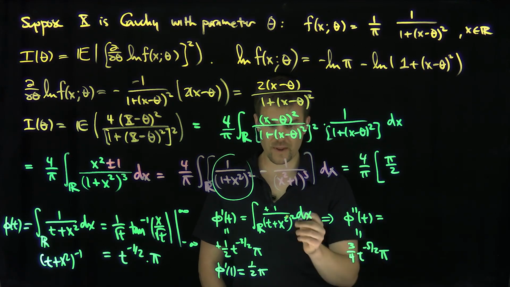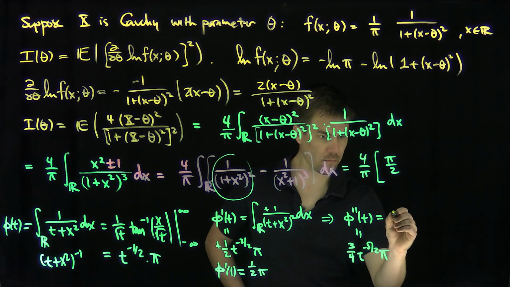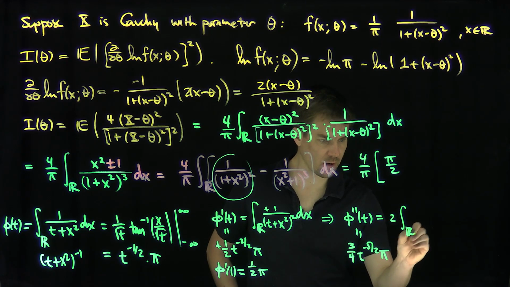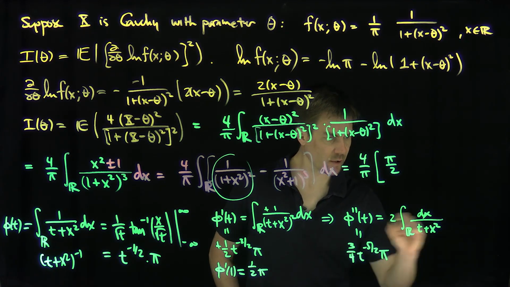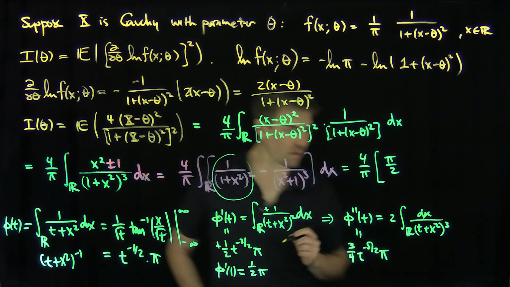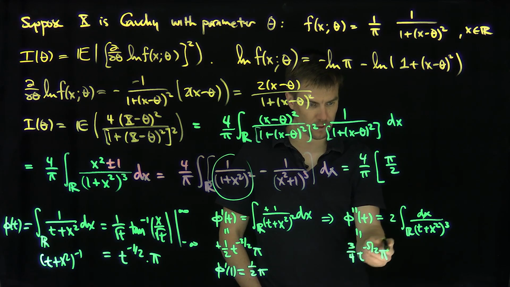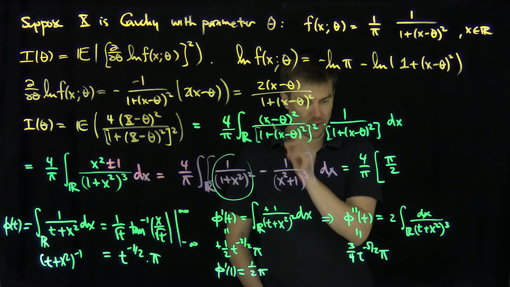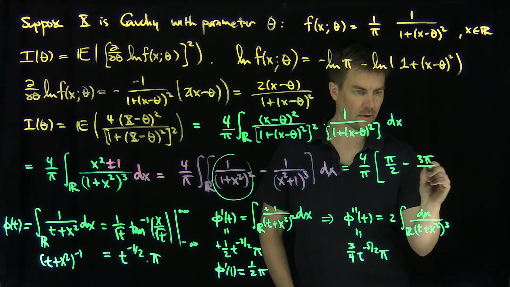And this would be equal to, now I'm going to have a factor of 2 in the numerator, 2 times the integral over R of dx over t plus x squared quantity cubed. If I plug in t equals 1, I say 3/4 pi is equal to 2 times that thing. So 1 times that thing is going to be 3/8 of pi.